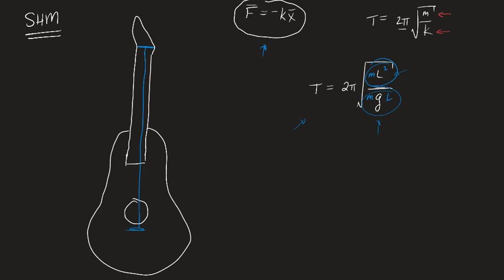So if you make it more tense, does that note go up? Or does that note go down? No, it goes up. When you increase the tension, the note goes up. So that's what's down there. If I increase the force, it oscillates more quickly. The period becomes a smaller number.